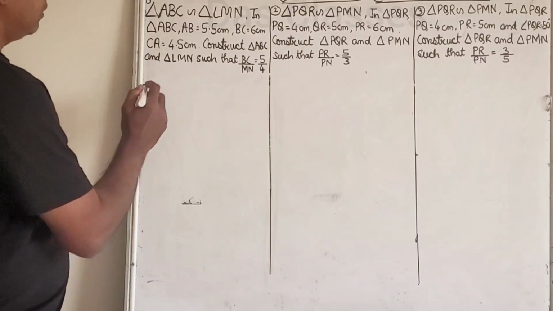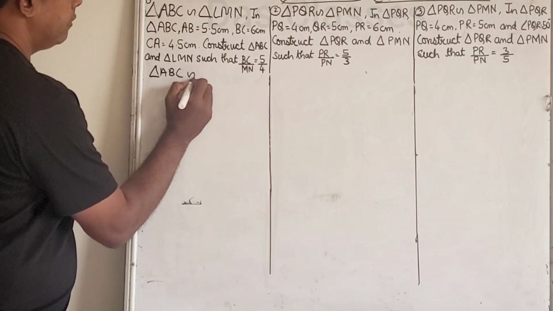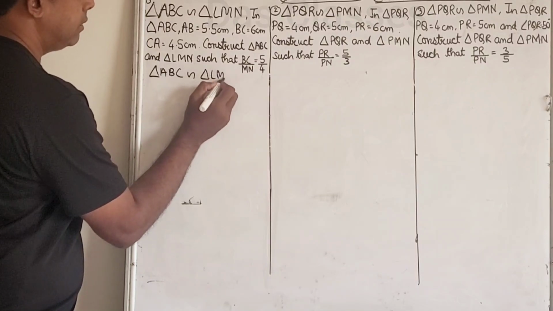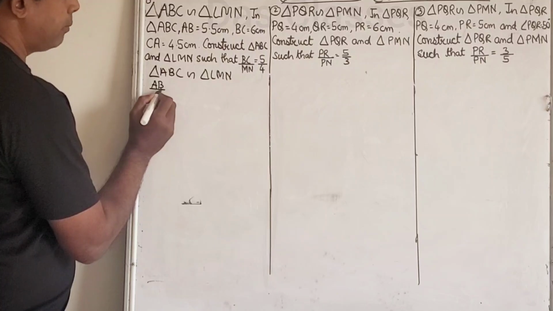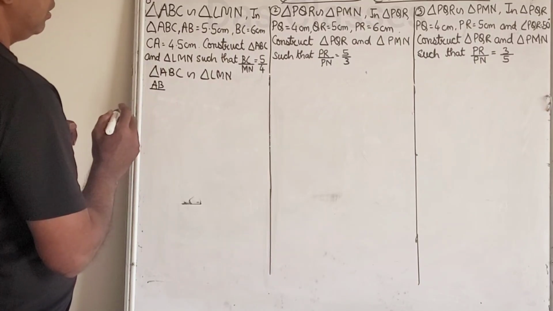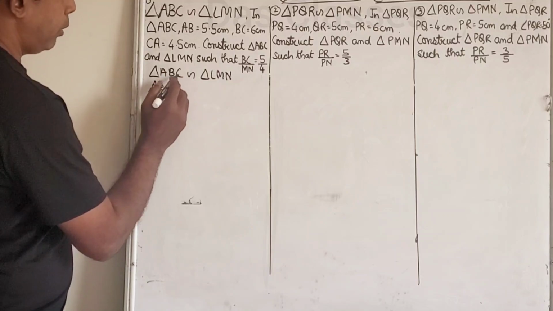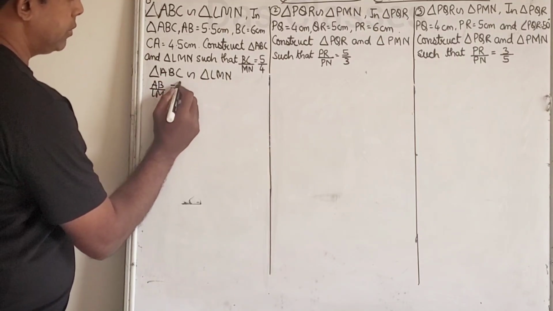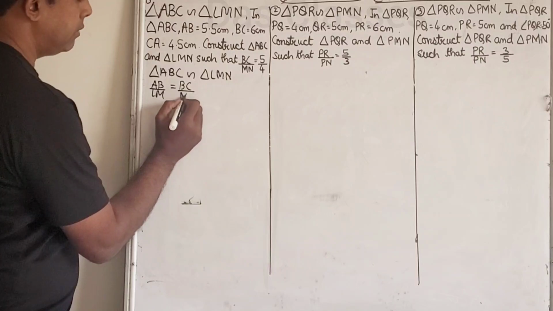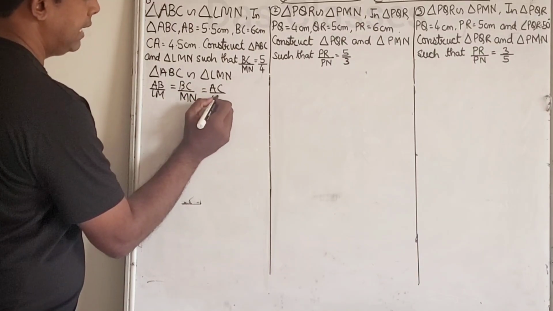As we know, triangle ABC is similar to triangle LMN, which means AB upon LM, first two letters, is equal to BC upon MN is equal to AC upon LN.